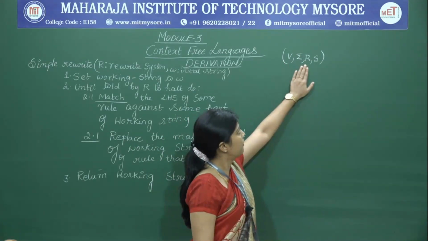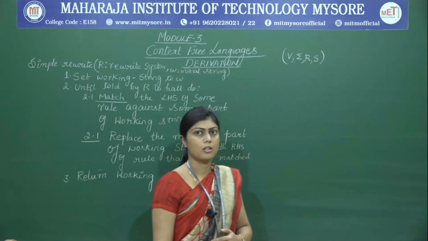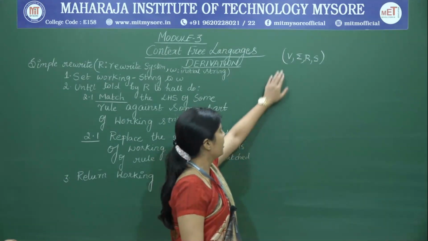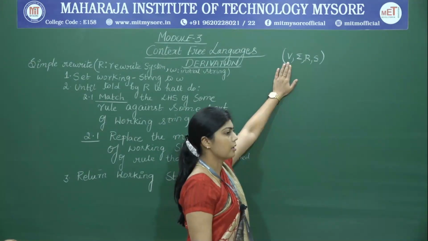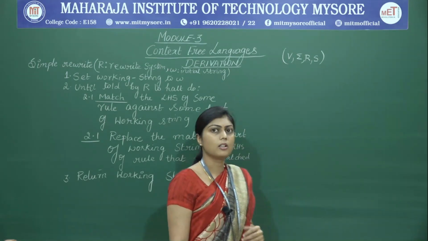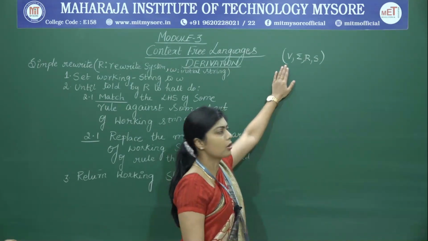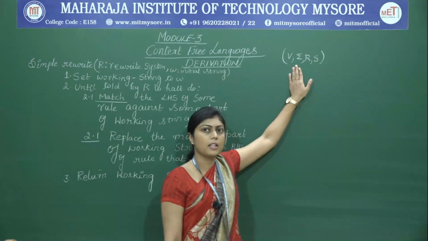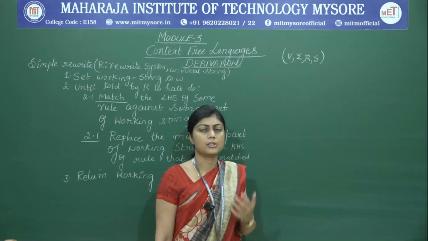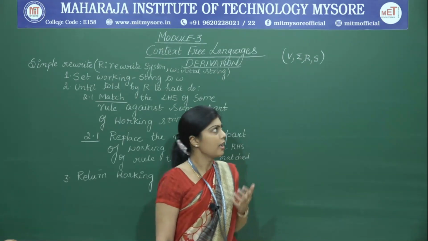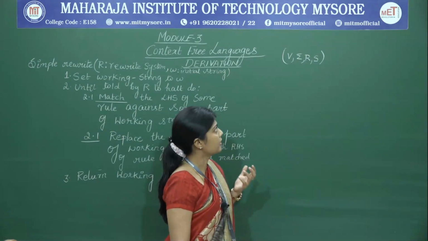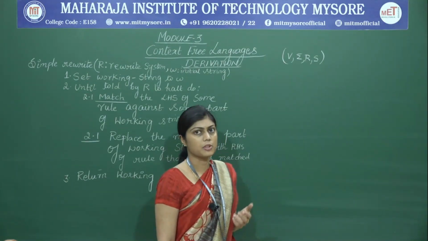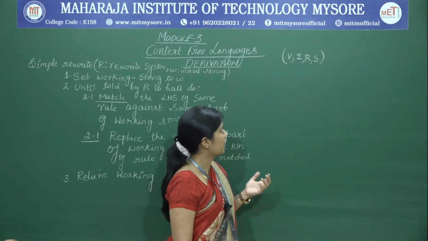Four things make up the context-free grammars. V is the set of all the non-terminals, and we also call this the rule alphabet. Sigma is the alphabet. The string W is made up of symbols or combinations of symbols picked from sigma.